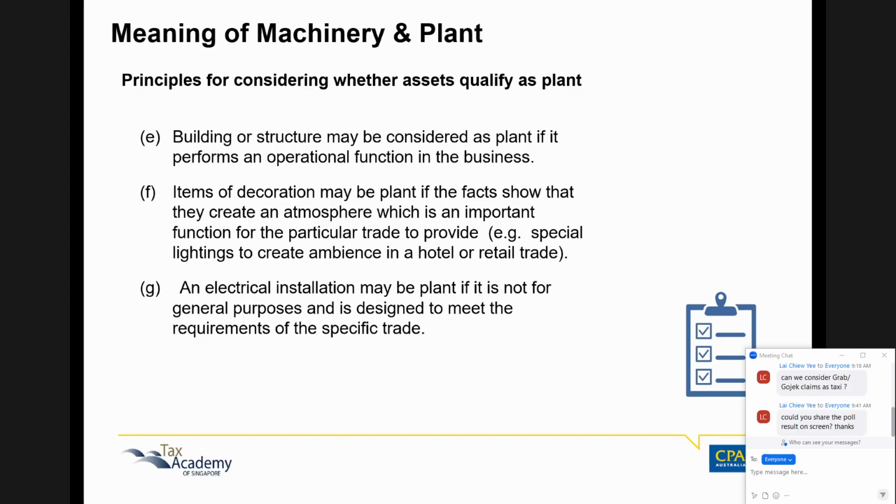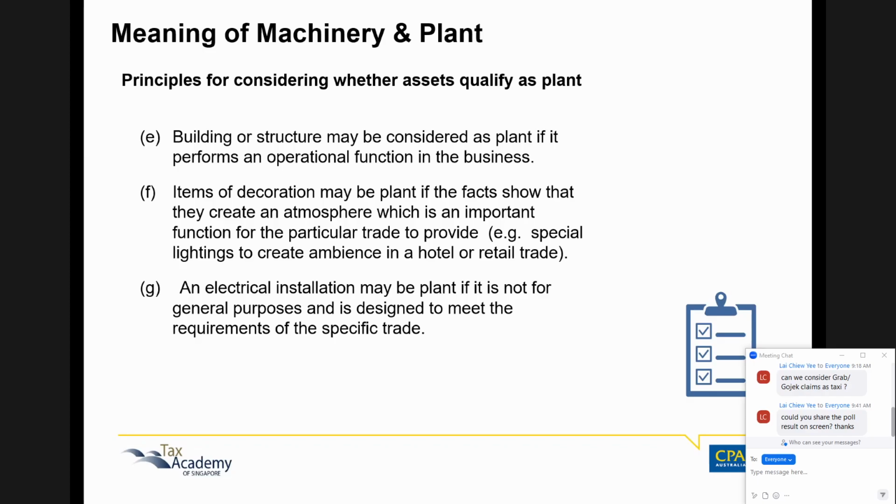Then there was a case where we went down to Jurong Island, because the taxpayer was claiming a certain structure as a plant. It's a chemical plant, and they have a lot of pipes running here and there with various functions.